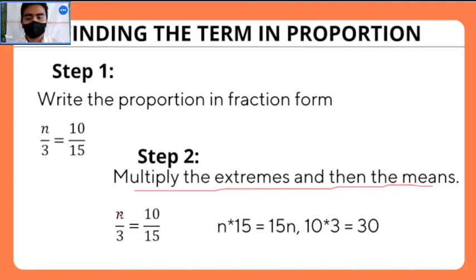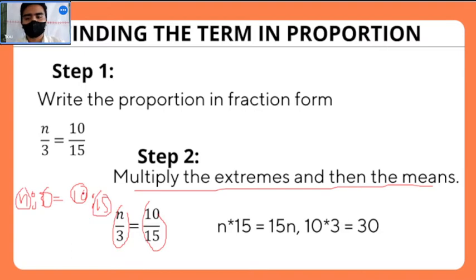So, when we have the fraction form already, we're going to multiply the extremes and means. What are the extremes and means? In statement form, it is written as n is to 3 equals 10 is to 15. So our means is this one, and this is our extremes.